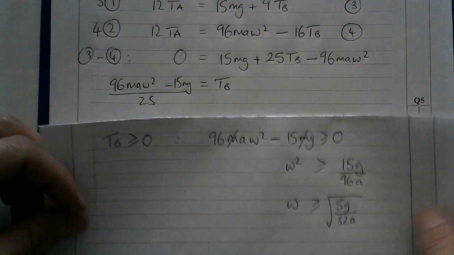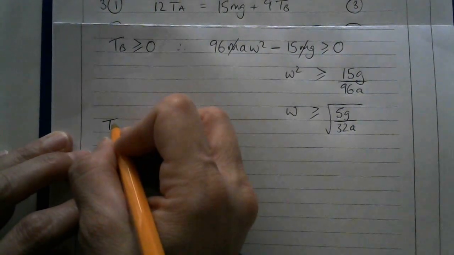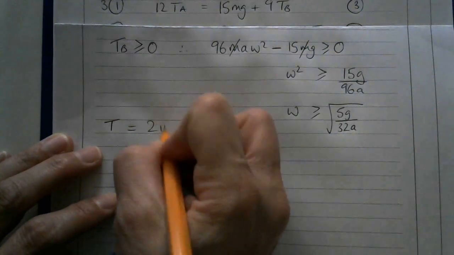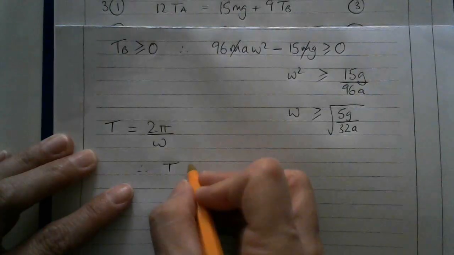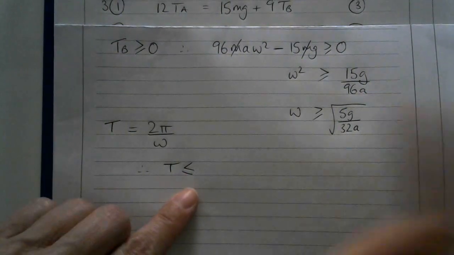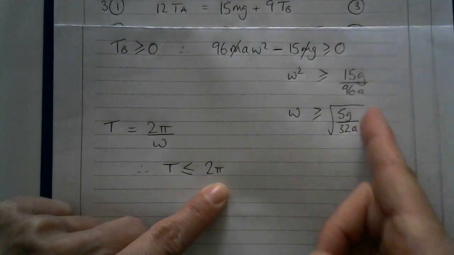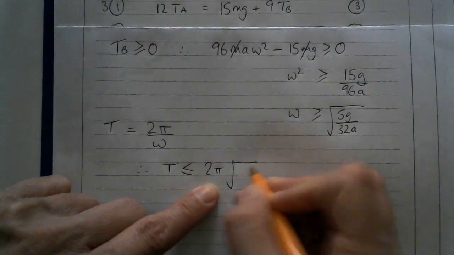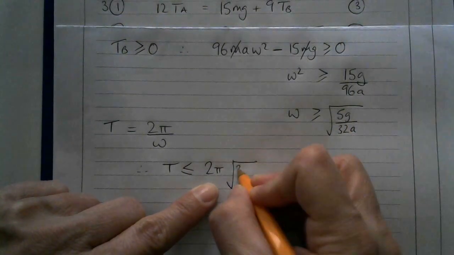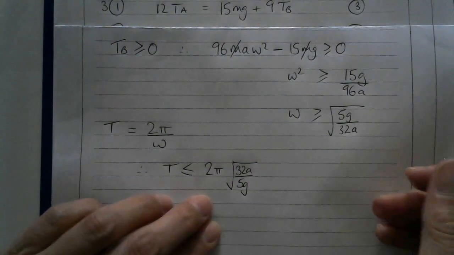So then I'm using that formula that time period is 2 pi over omega. Therefore, t is less than or equal to 2 pi divided by this. And so to divide by this, I will multiply by the reciprocal. So the 32a ends up on the top, and the 5g ends up on the bottom.